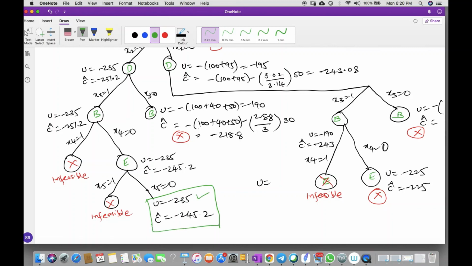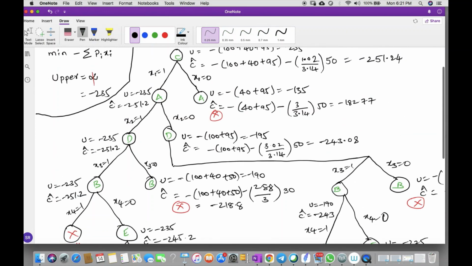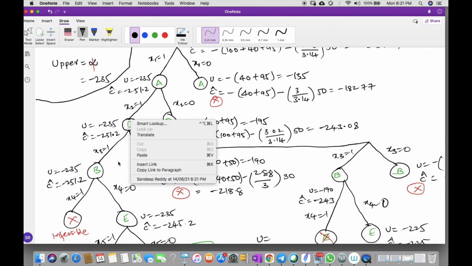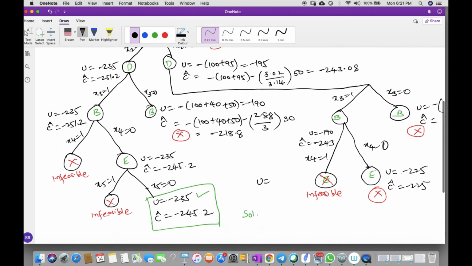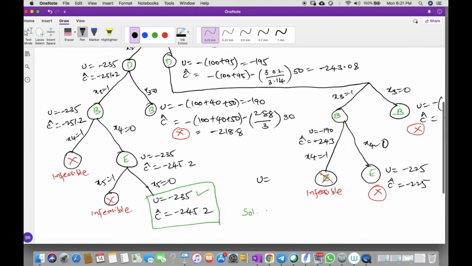The solution therefore is x1 is equal to 1, x2 is equal to 1, x3 is equal to 1, and so 1 1 1 0 1.